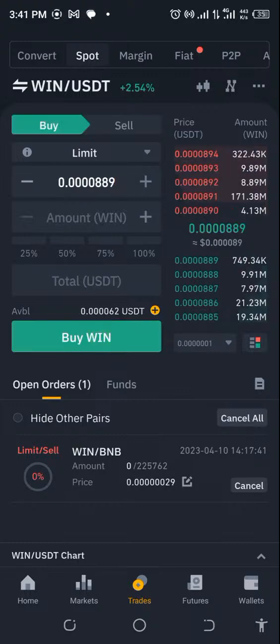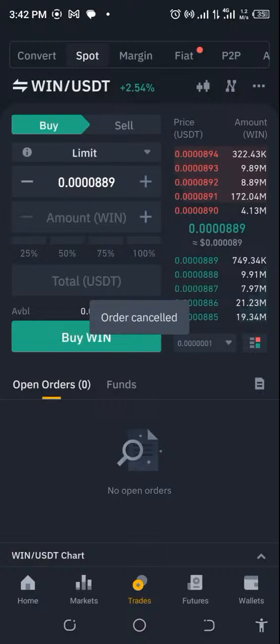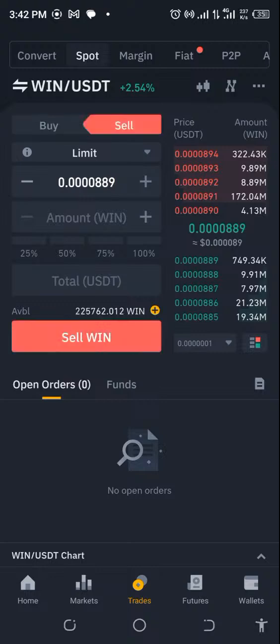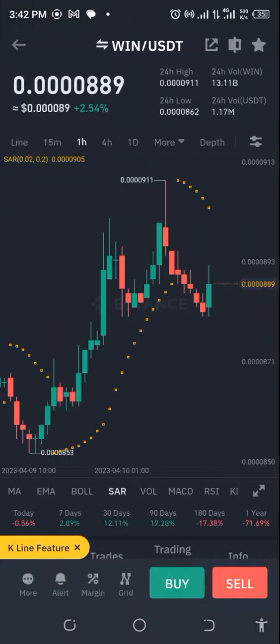I'm back. And right now, I am going to cancel this particular one because I can see that this has risen up. So I'm trying to see that Win USDT has risen up. So let's try and see whether we can sell back. Okay. It doesn't look like so much, but right now, I wasn't actually following it. I wish I really did.